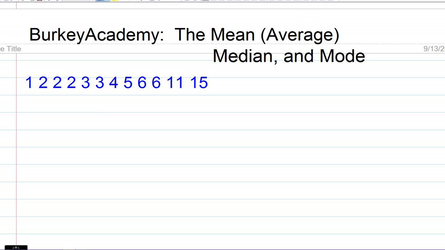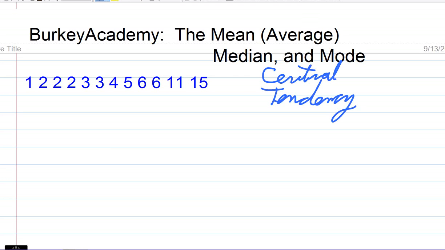Now, these are three different numerical descriptive statistics that all are getting at a similar idea. The mean, median, and the mode we all call measures of central tendency. So central tendency. Now, what does that mean?